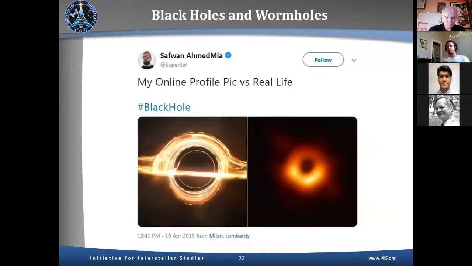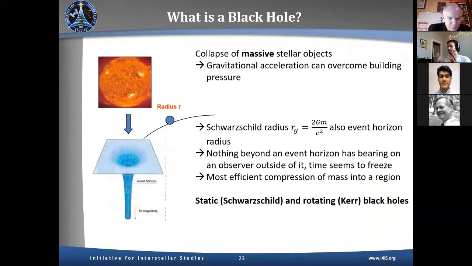Now, instead of building our own space-time distortion machines, we can also think of maybe trying to utilize something that already occurs naturally, in this case, black holes. So a black hole, just as a reminder, is created when you have a collapse of a massive stellar object.